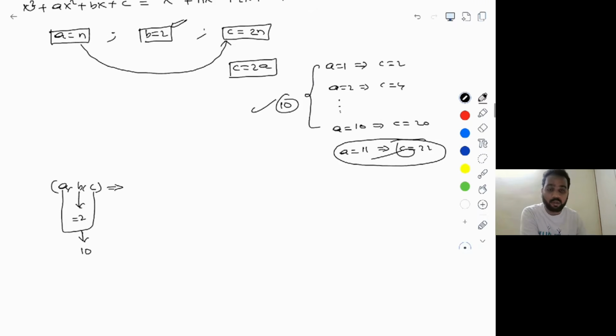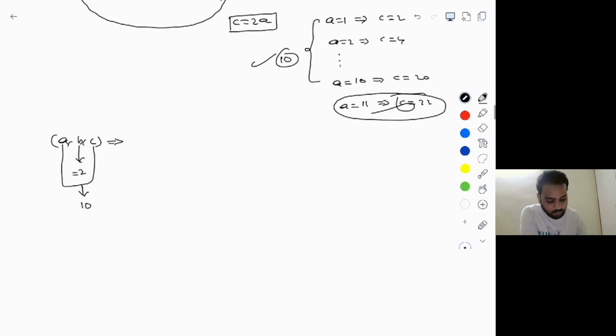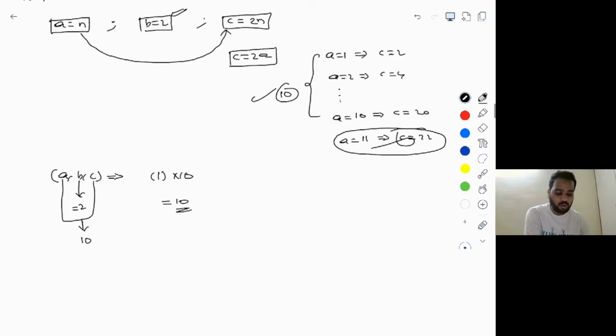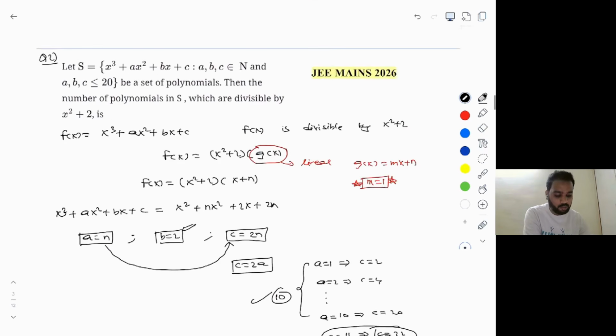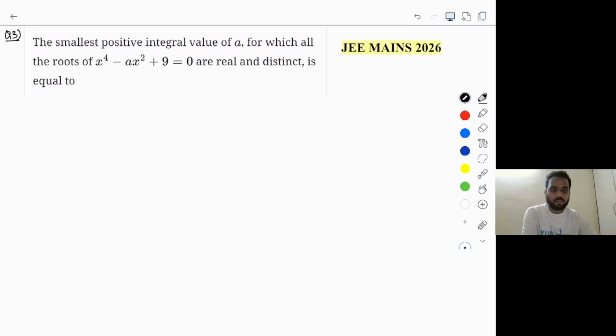Exactly 10 ways, right? Because we got exactly 10 cases for a and c. So in total, b can be filled only in one way, whereas a and c can be filled in 10 ways, which means totally there are 10 combinations of a, b, c which are possible. And finally, the total number of required polynomials will be equal to what? Take the question number 3.